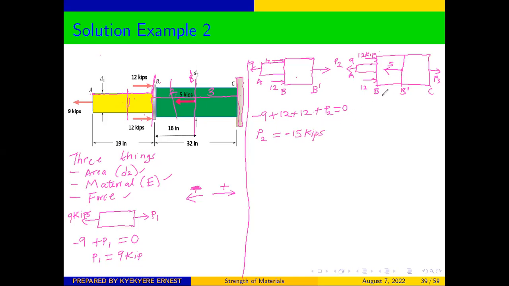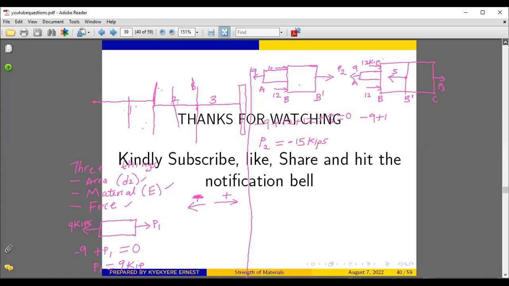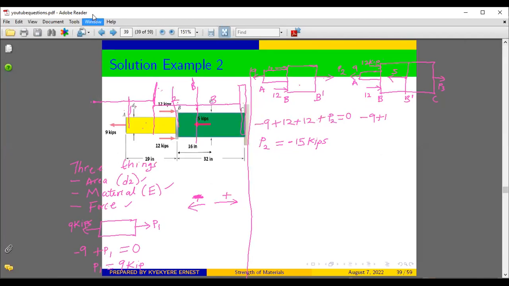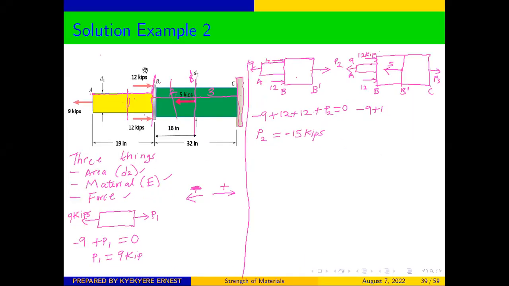And we come to this side also. At this side, we can also write our equilibrium equation. The 9 is going to the left, so negative. The 12 is going to the right, positive. Sorry for that. Yes. So we said that the 9 is going to the left, which is going to be negative. The 12 is going to the right, positive.